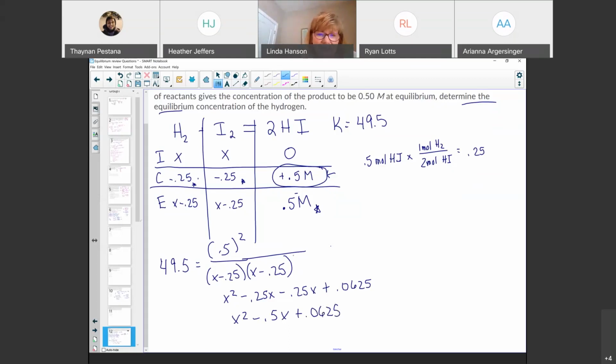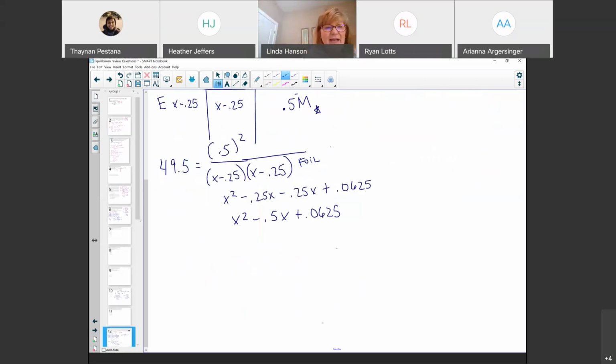That's simplifying. I know we all come in with different algebra strengths, so I'm going through very slowly the steps of distributing: first, outer, inner, last, and simplifying x minus 0.25 multiplied there.